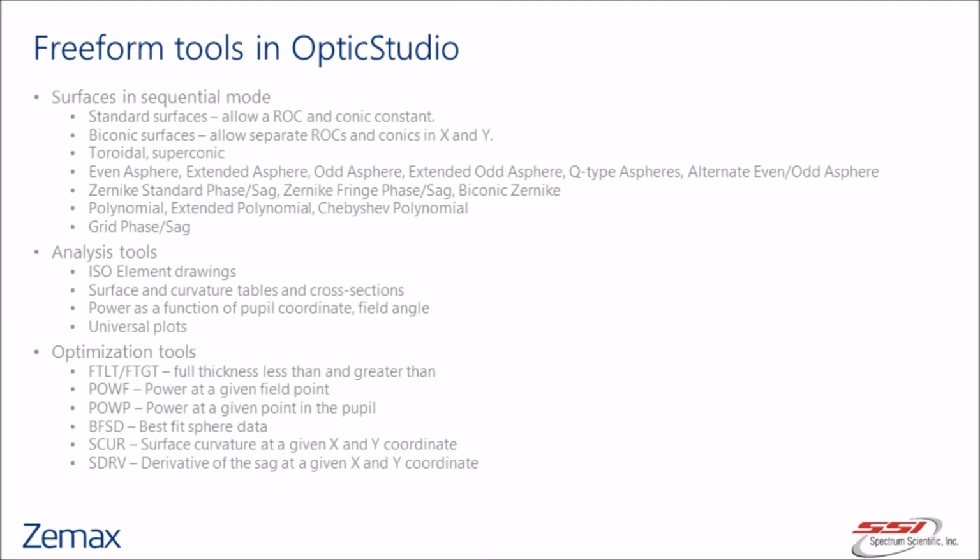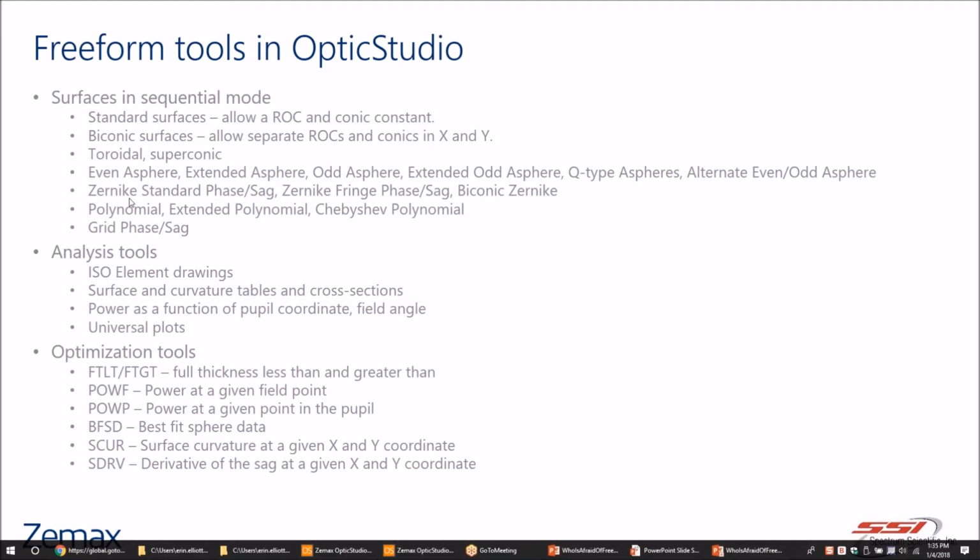Let's talk about some of the freeform tools that are available in OpticStudio. In sequential mode, we have quite a wide range of freeform and aspheric surfaces. Standard surfaces, of course, allow a radius of curvature and a conic constant. We have a biconic that separates those in X and Y, toroidal and superconic surfaces.